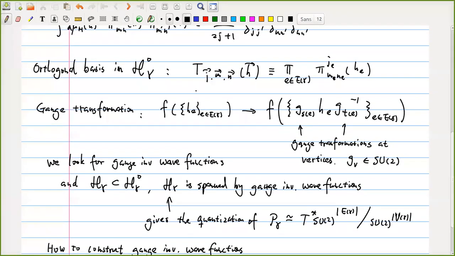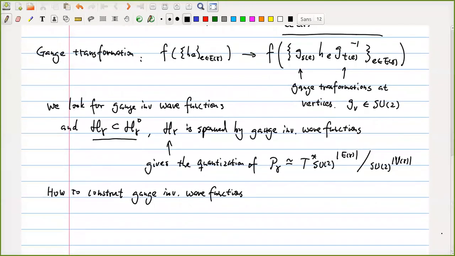We are going to construct gauge invariant wave functions by making linear combinations of those bases. Because of this, our goal is to find a subspace of the Hilbert space which only contains gauge invariant wave functions. So any state in the subspace must be a linear combination of the bases. Okay, so now let's look at a state.